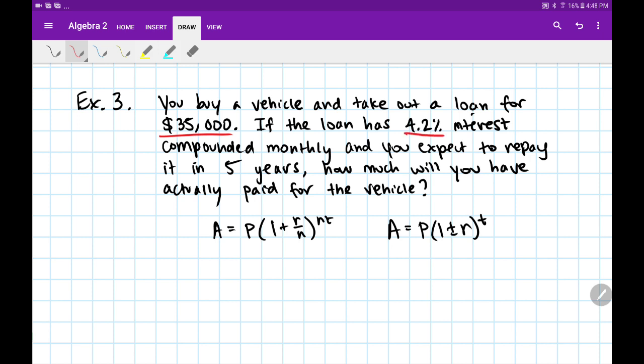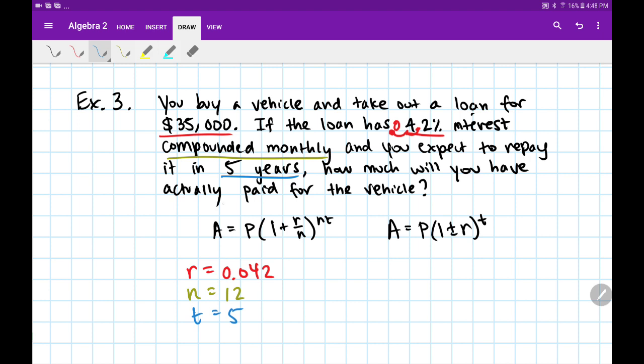This over here is definitely my rate, so let's write it in. R equals, moving the decimal over 2 spots, we get 0.042. Ooh, it says compounded monthly, so I know that's my N. The number of times I compound per year is going to be 12. I expect to repay it in 5 years. Well, that must be T, the amount of time that's passed in years.